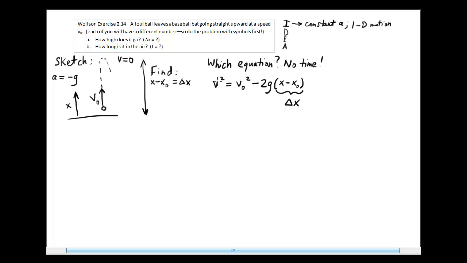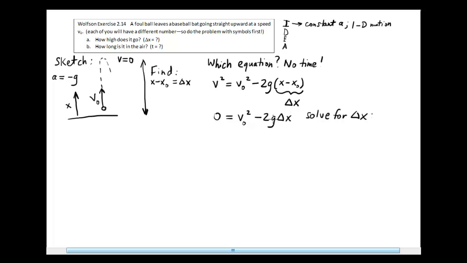Let's now substitute for the quantities that we know. In this case, we know that v is equal to 0. So we have 0, and I'm just going to still write this as v0 squared because I don't have a number, and then we've got minus 2g delta x. Now, before plugging any numbers in, we want to solve for delta x, which is easy to do in this equation.